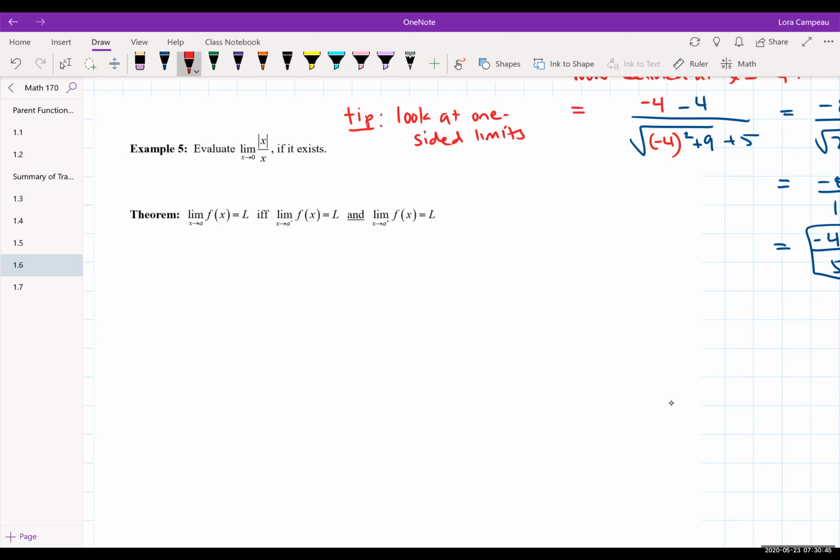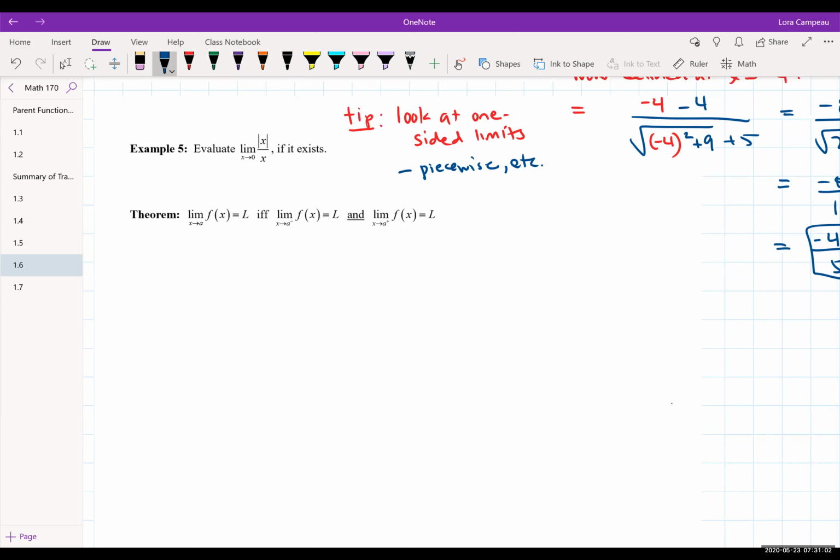If you ever see some of these strange functions where you really don't know how to proceed, a piecewise would be kind of an idea for these types of weird functions.